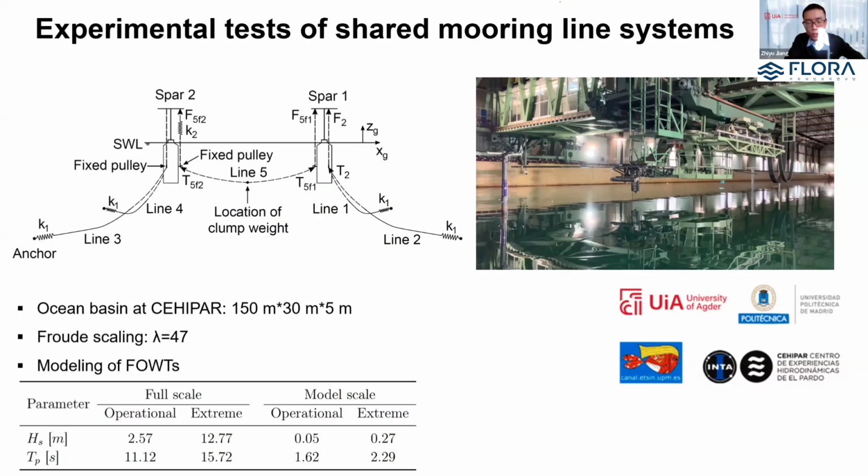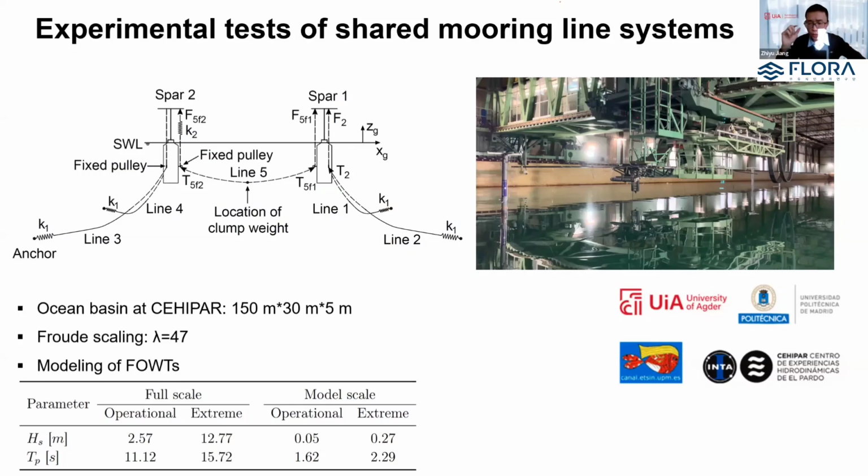We also look at different options for that shared line with and without the effect of a clump weight in the middle, because previously we observed certain snap loads that occur in the shared line. So we want to see if we apply a clump weight, whether this will be effective in alleviating this effect. And then we measure the motion of spar 1.